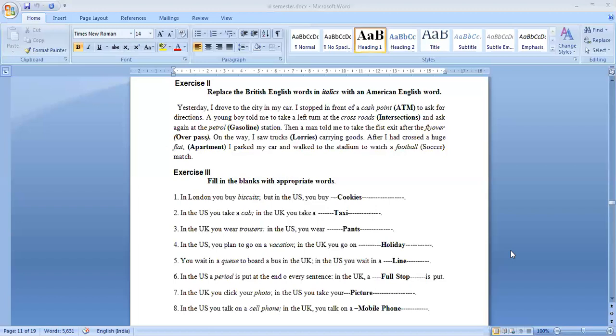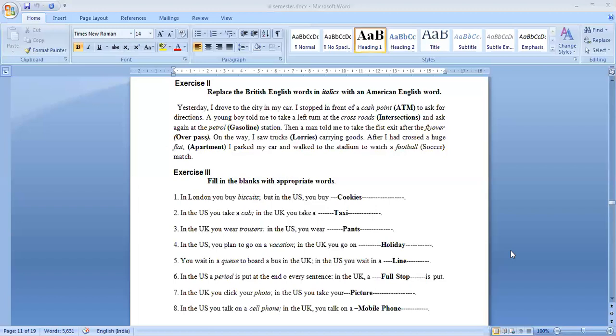But Americans do not use the word cash point; for the same thing, they use the word ATM, automatic teller machine. So it refers to the same thing, from where we can get money by using a card if we have a bank account.